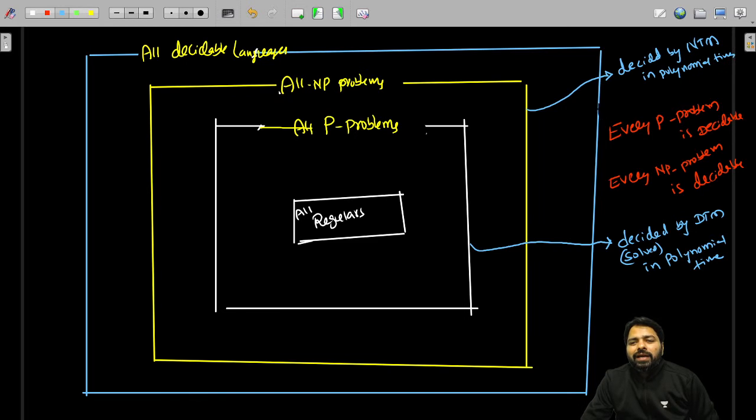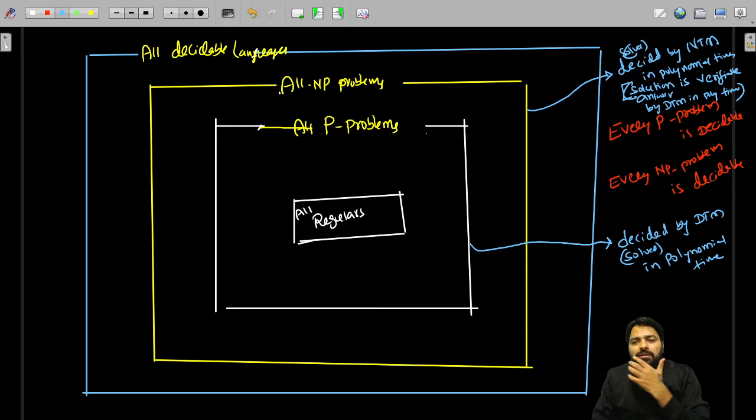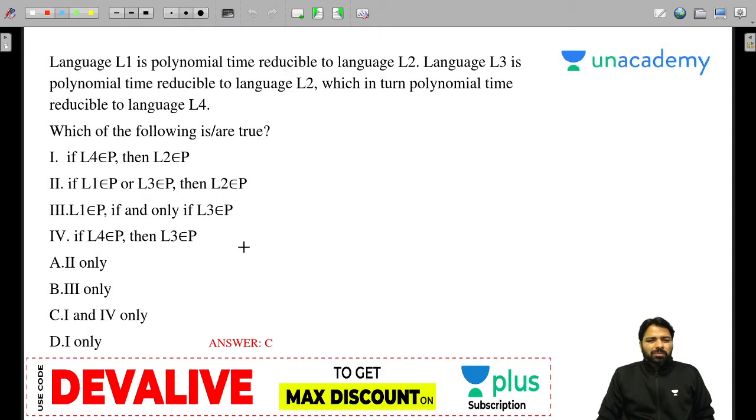If an NTM is solving it, the meaning becomes different: the solution, the answer, is verifiable. The answer is directly verifiable by a DTM in polynomial time. The whole problem is not solved by the DTM, only the answer is verified. NP problems are solved in polynomial time by an NTM, exactly, a non-deterministic algorithm. That is how every P problem is also in NP. Don't worry much about it.